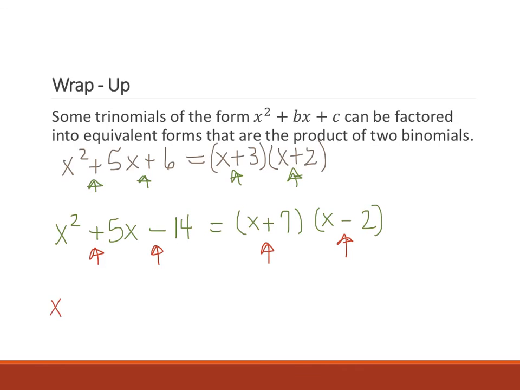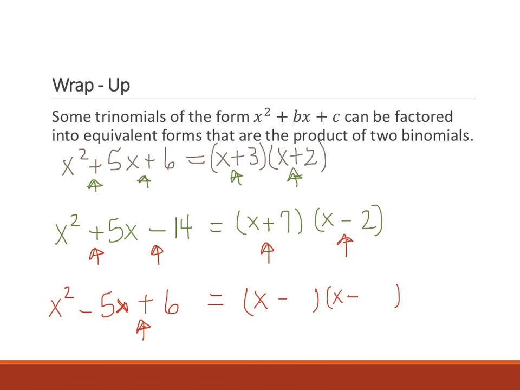If I have a case of x squared minus 5x plus 6, remember that because the c value was positive, that told me the signs were the same. And the value of b was negative, which told me both signs would be negative.